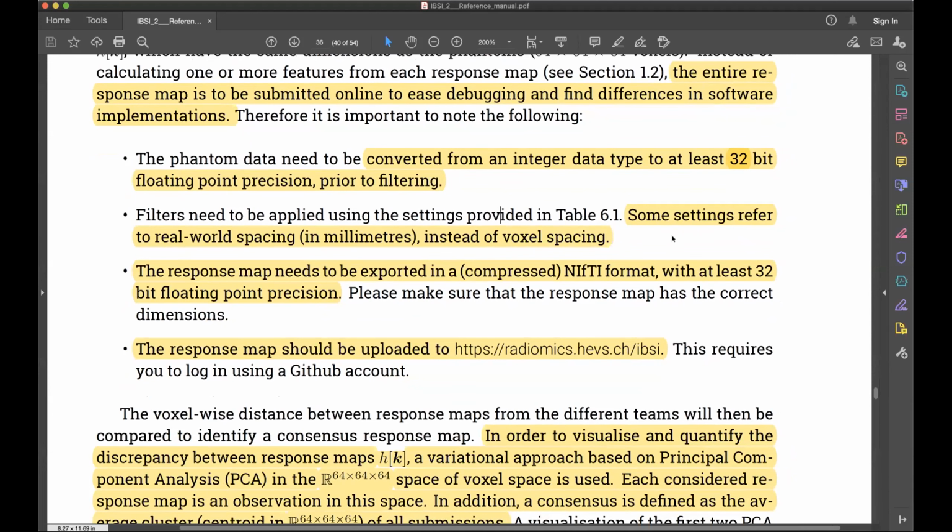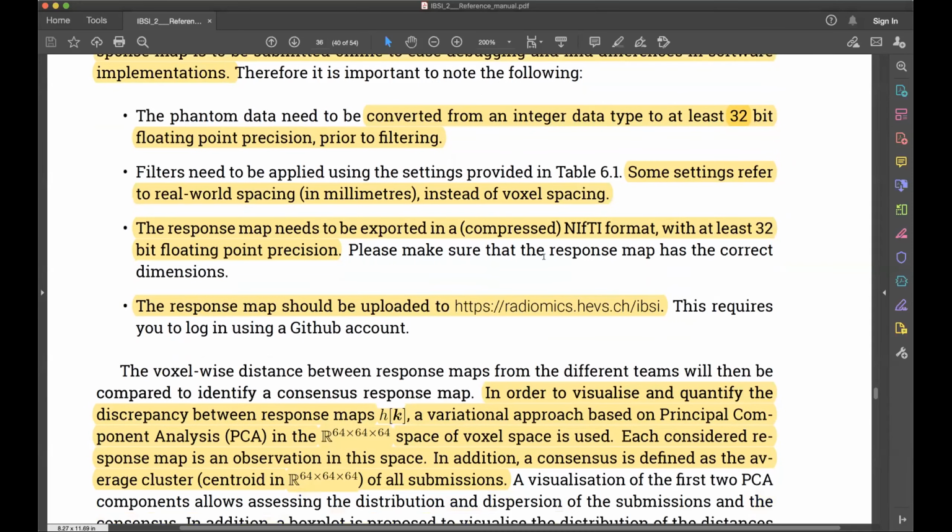Right now it's 2 by 2 by 2 millimeters. This information can be found automatically in the metadata of those NIfTI files. And when you create your response map and you're ready to export it, make sure it is encoded with 32-bit floating point precision.